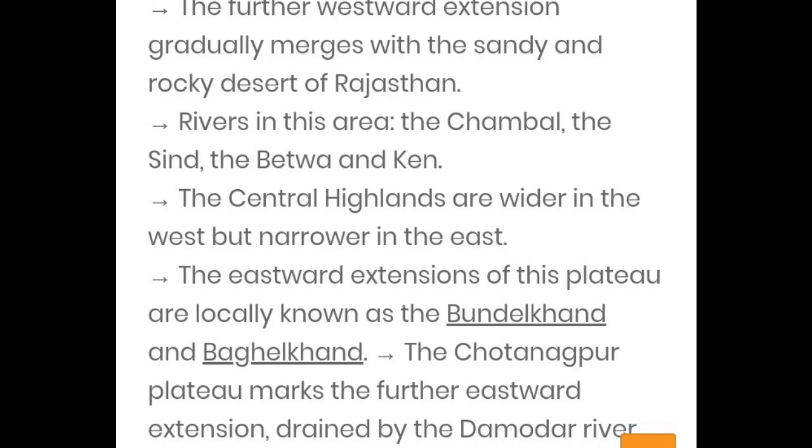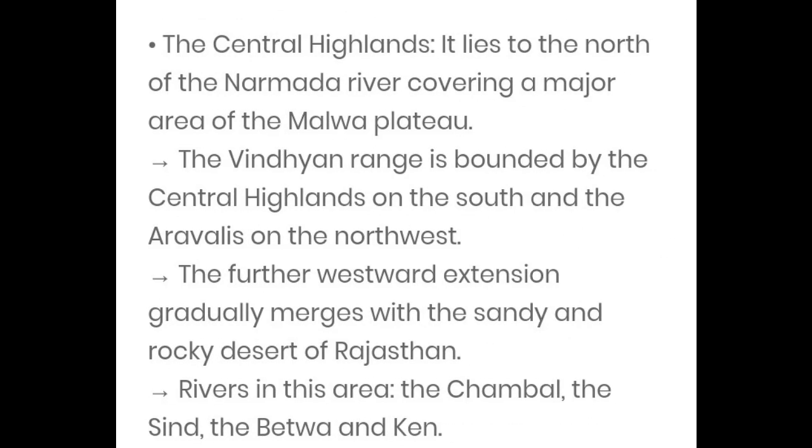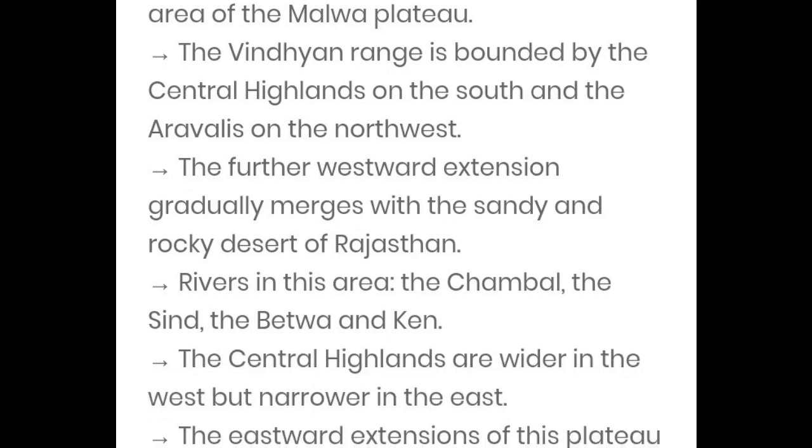So the Central Highlands are located to the north of the Narmada River, and cover the major part of the Malwa Plateau. They are bounded by the Vindhya Range to the south and the Aravallis to the northwest, and the further extension is towards the rocky and sandy desert of Rajasthan. The rivers in this area are the Chambal, Sindh, Betwa and Ken.